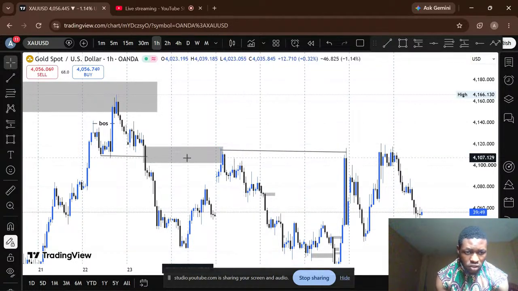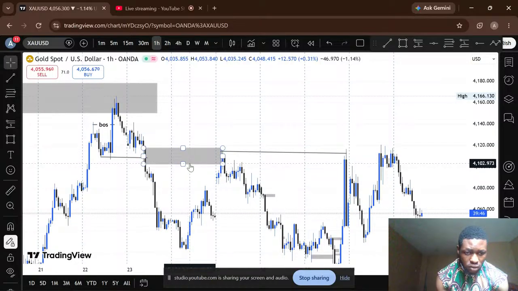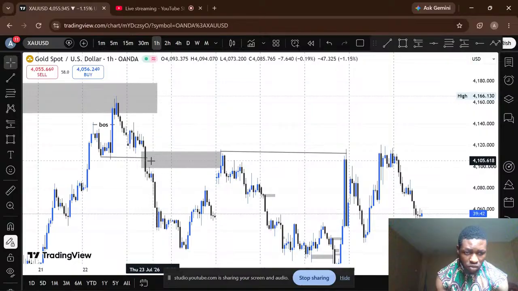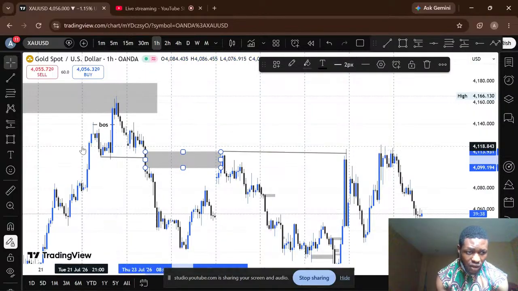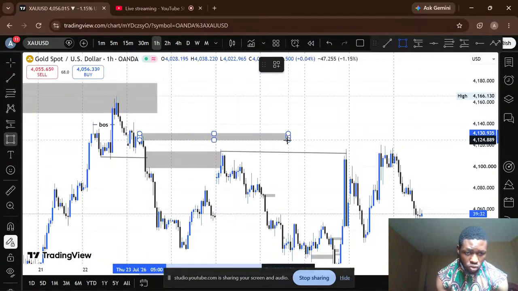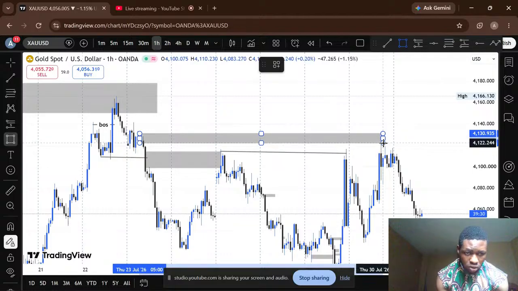so initially this is an FVG, right? And this is where price started previously. Instead of price coming directly to this order block, price failed to come to this order block but tapped into an FVG.